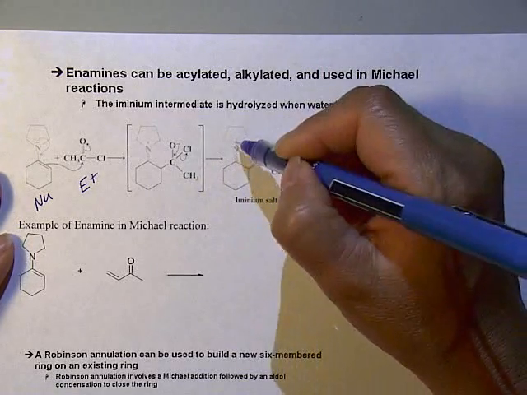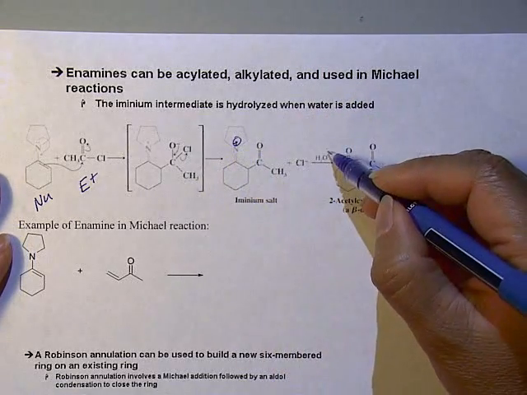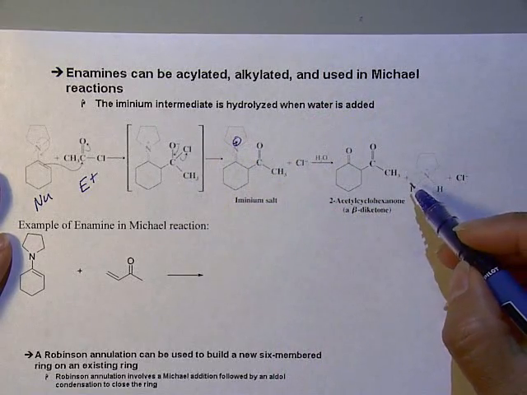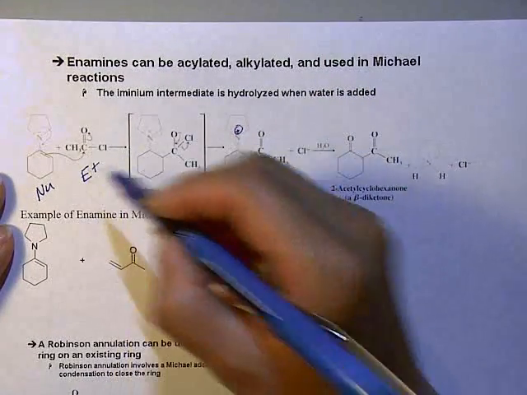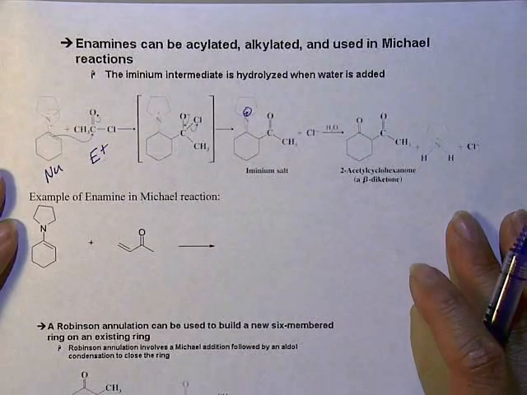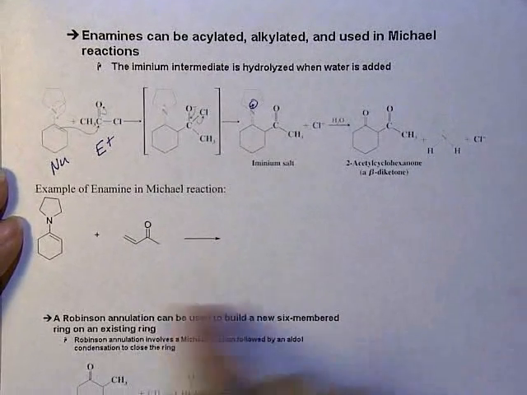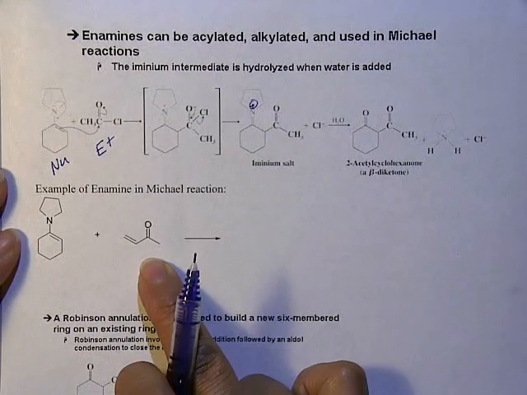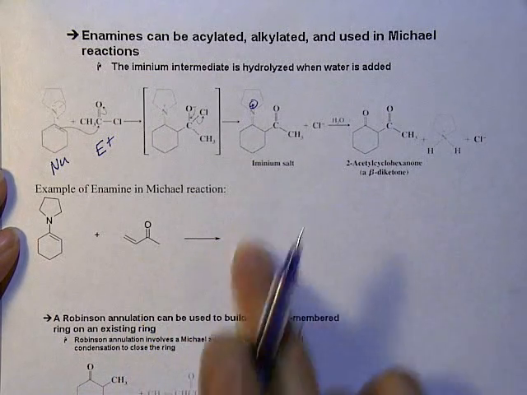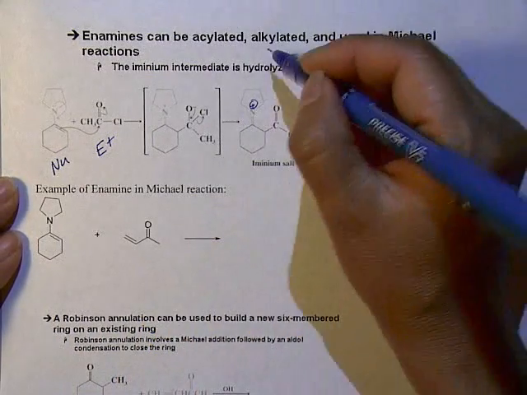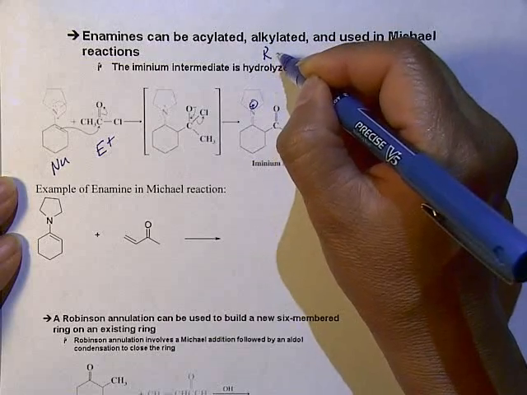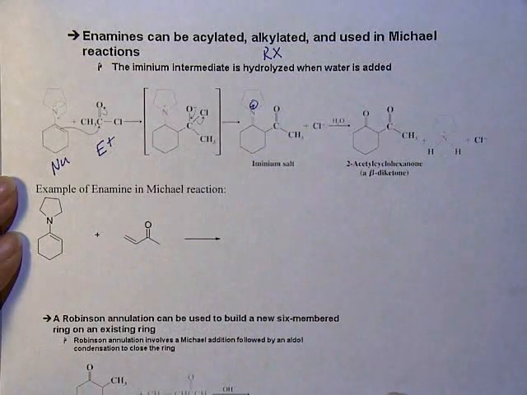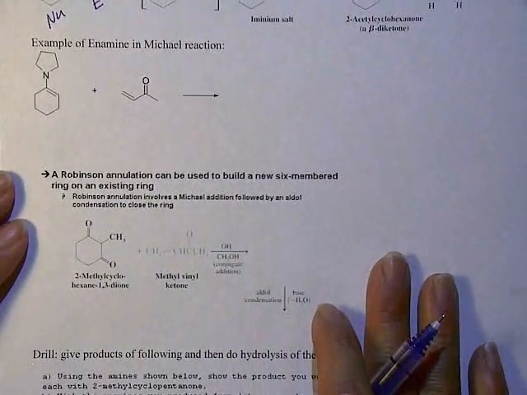And then once you get the ammonium salt, you hydrolyze it and you get your ketone back as the product. Okay, so here's an example of an acid chloride as the electrophile, and this is the same example that you've seen. So you should be able to give me the product of this. But not only that, if you react with an alkyl halide, you could do the same reaction as well.